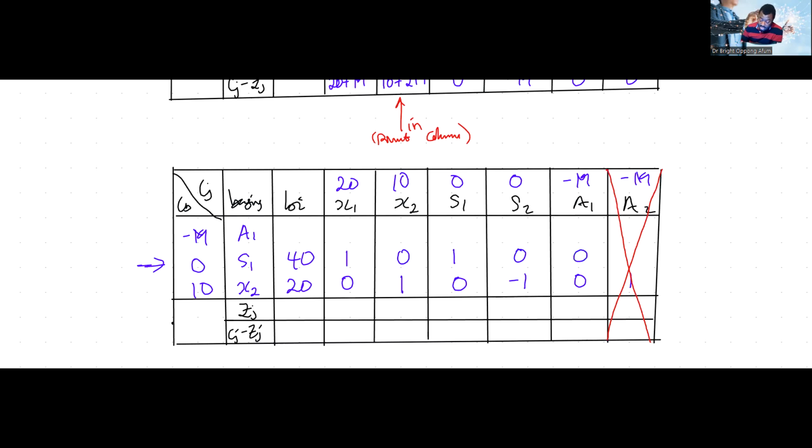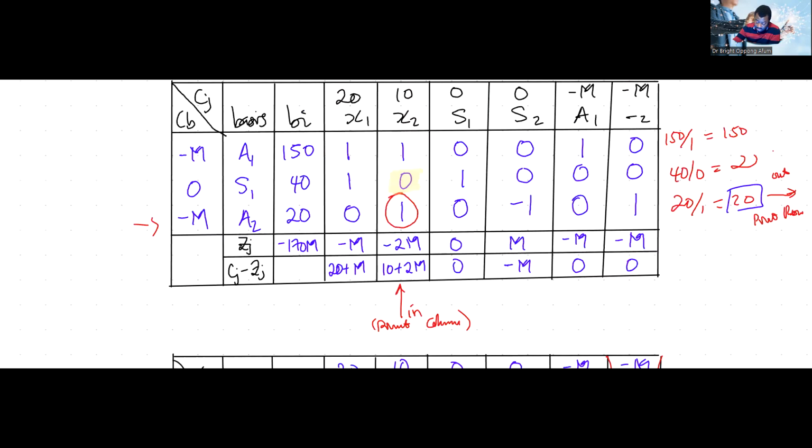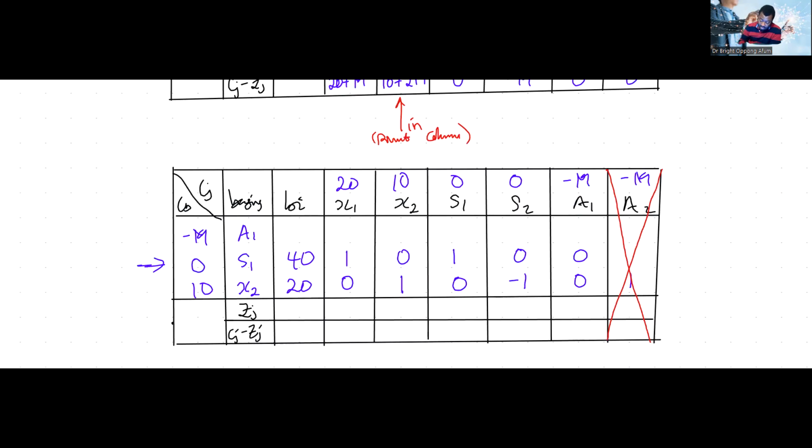Now, the value here is 1, so it will just be 150 minus 20. When you work it out, you get 130, 0, 0, 1, and 1.